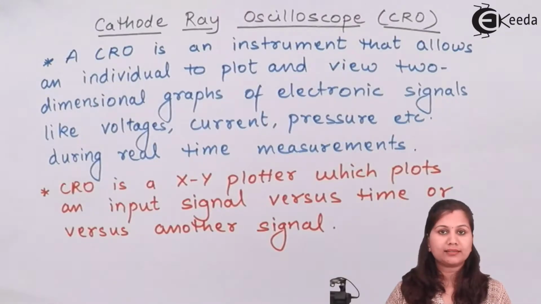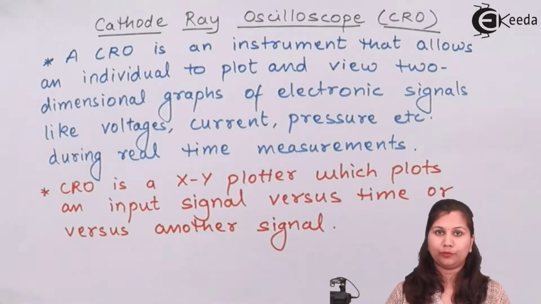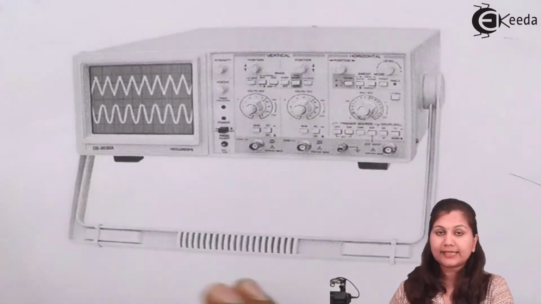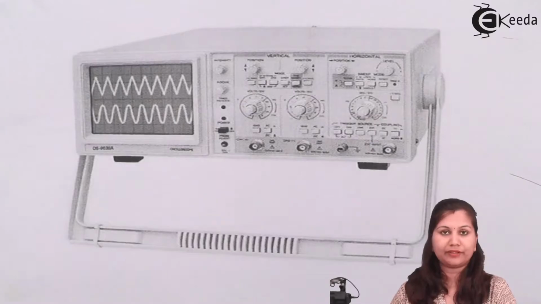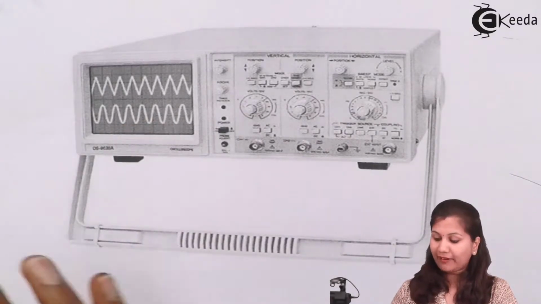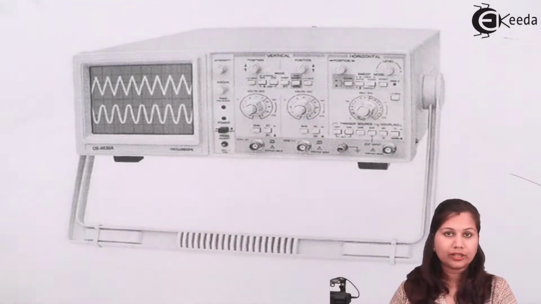Now here we will study the block diagram of the cathode ray oscilloscope, which shows the various functional units present in the CRO. So let's start with the block diagram. If we see a CRO, it consists of different sections: a display section, vertical controls, horizontal controls and triggers.